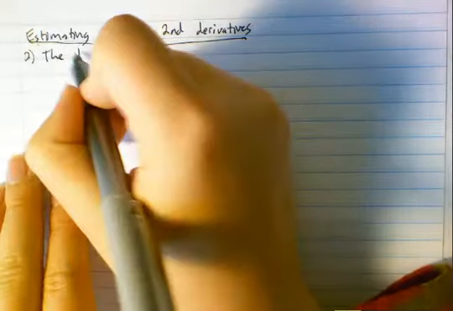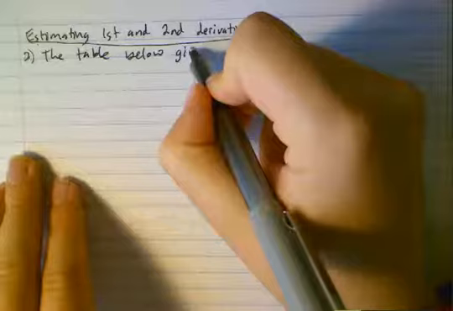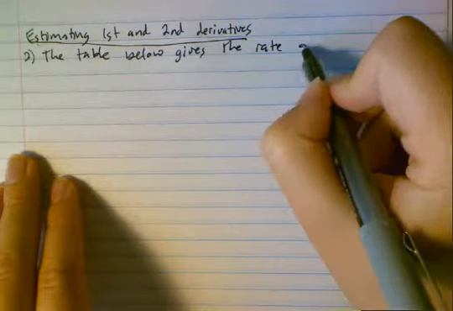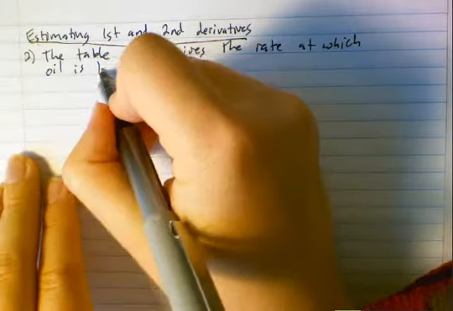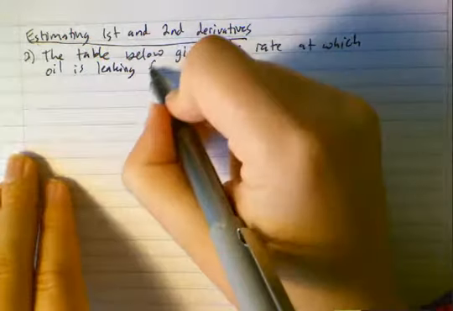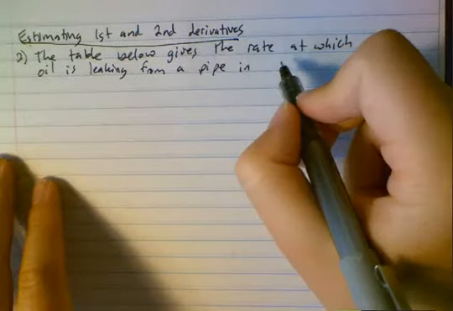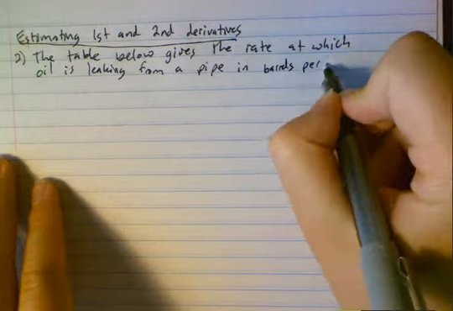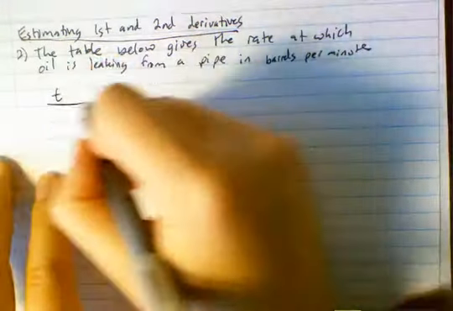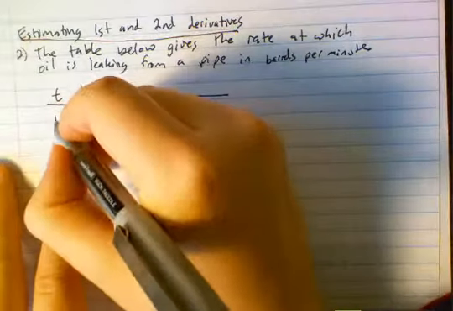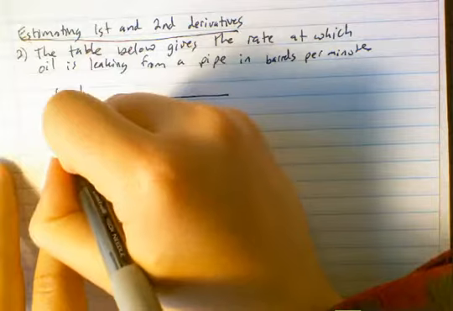The table below gives the rate at which oil is leaking from a pipe in barrels per minute. So this is minutes, this is barrels per minute.